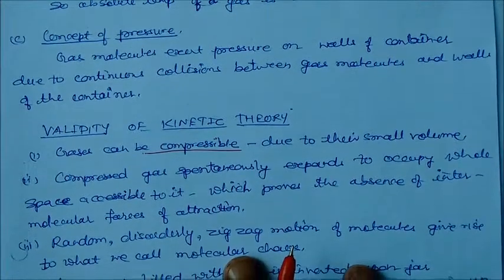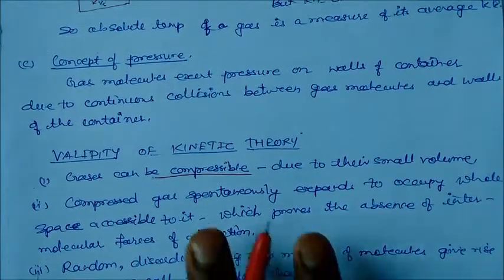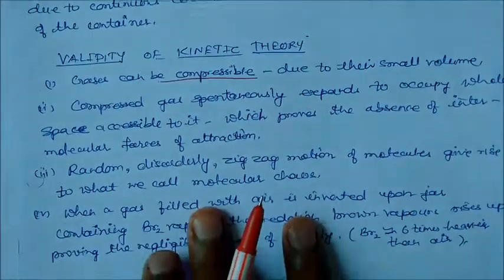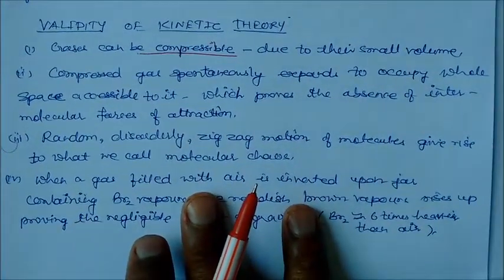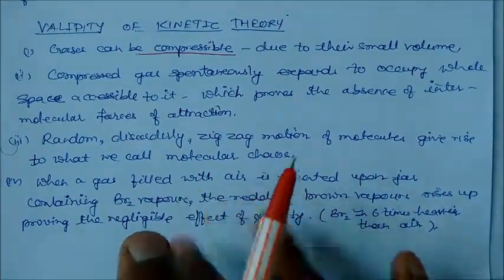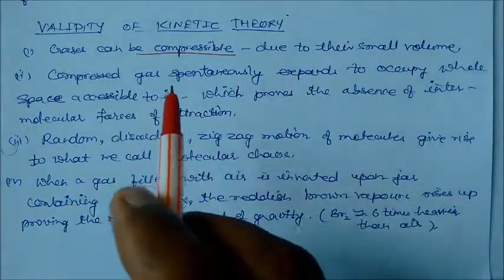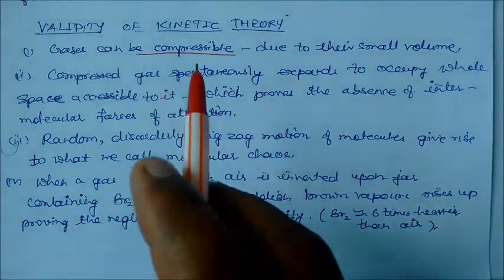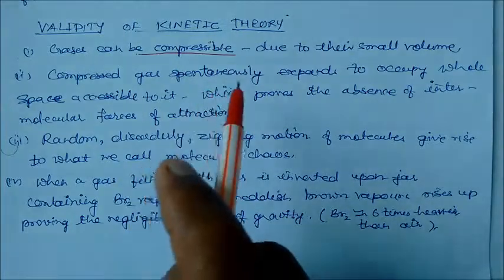Validity of the kinetic theory. How is this kinetic theory valid? Gases are compressible due to their small volume. We know that a gas has no definite volume, and we can compress gases until they become smaller.